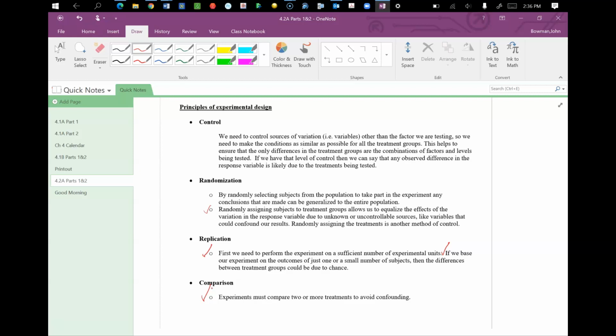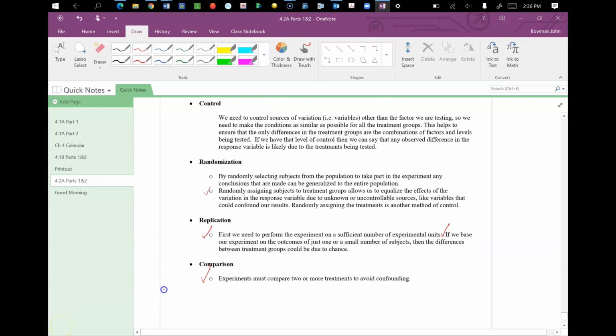And then over a period of time, look at their reductions in stress and compare their reductions in stress. Then, if we saw that the yoga group stress level went down further than the control group stress level, then we can say that the treatment of yoga helped reduce stress, and we could actually tell how much.